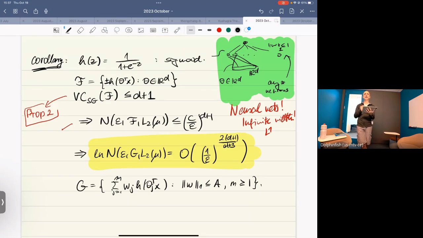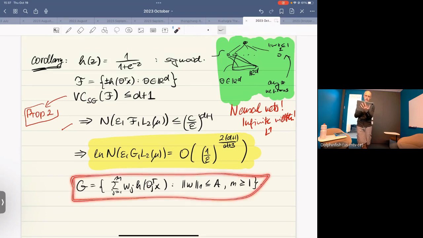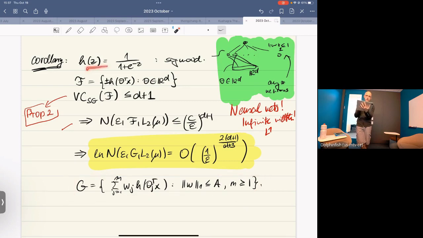And so this gives you this class. If you want to formally write it, H is the transfer function. You take inputs, multiply and then transfer, and then however many neurons you have, an arbitrary number, you just sum them up, weighted by these weights, and the one norm of these weights is bounded by A. Then we want to claim, and the A dependence should be there somewhere, but the main point is that this feels like a big class.